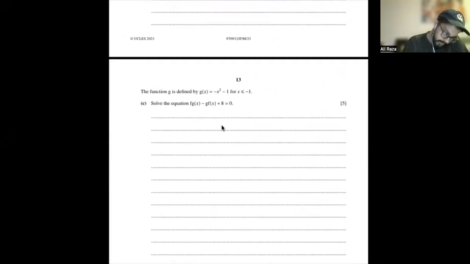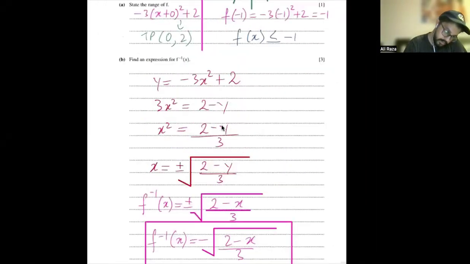In part C, we have the function g as minus x squared minus 1. We need to solve the equation f of g of x minus g of f of x plus 8. Okay.